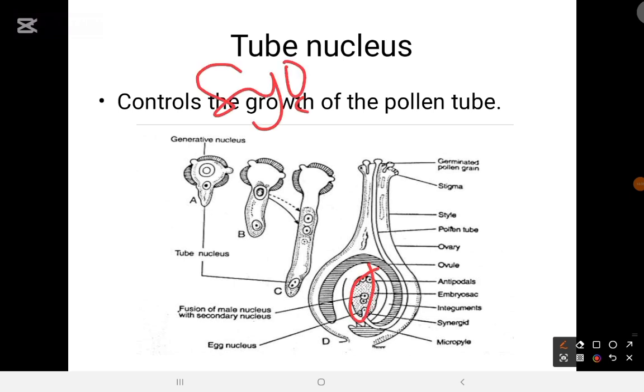Hormones are chemical signals, they're chemicals basically. So these chemical signals are what the tube nucleus will follow. That's why it does not miss its way and is able to know in what direction to grow to meet the egg that it wants to fertilize.